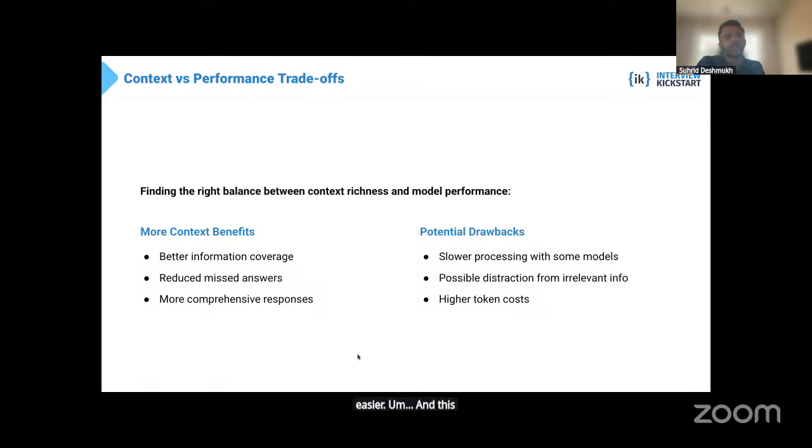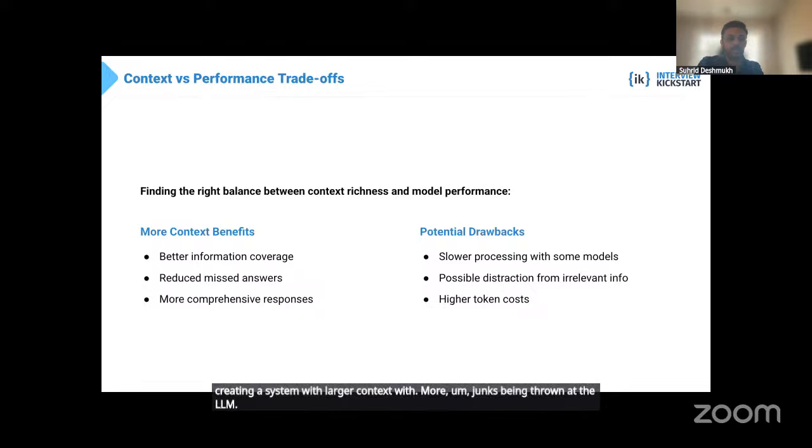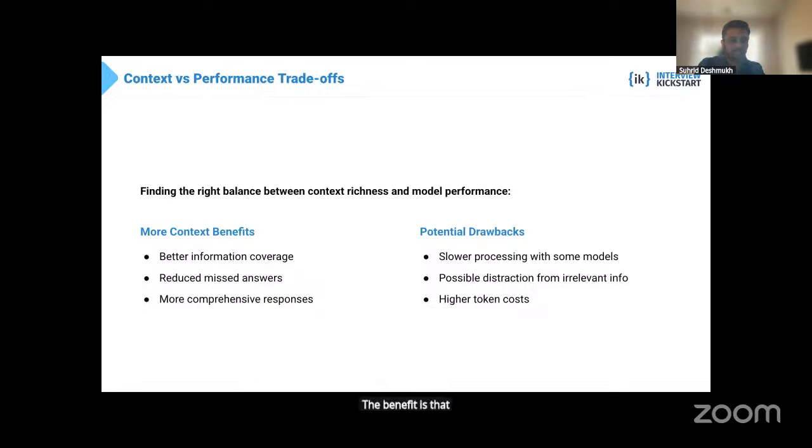And as I mentioned, there's always a price that you pay when you are creating a system with larger context, with more chunks being thrown at the LLM. The benefit is that your LLM has better information coverage and therefore has a tendency to answer questions correctly more often and give more comprehensive answers.